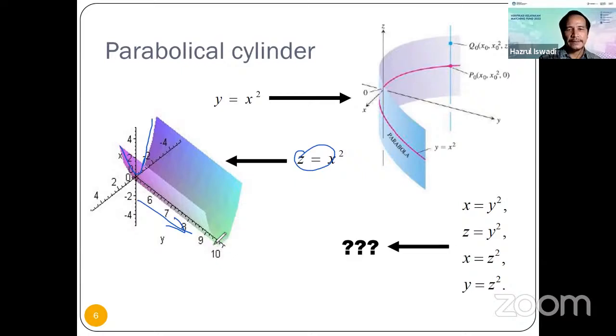Based on those two previous examples, we hope you can draw by yourself the cylinder based on these formulas: x is equal to y square, z is equal to y square, and so on.